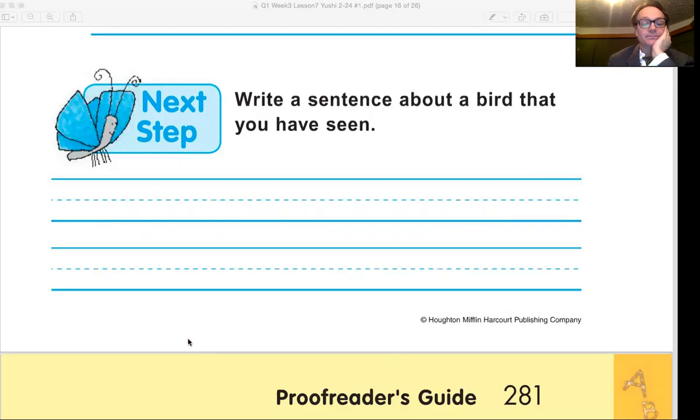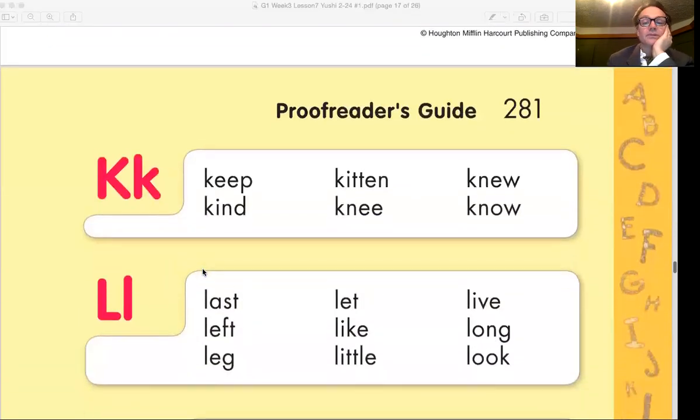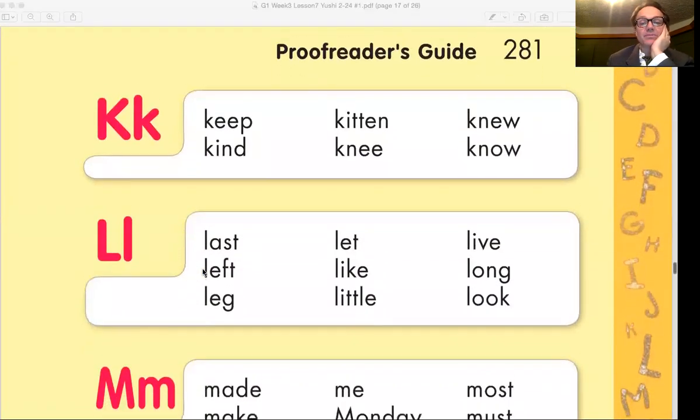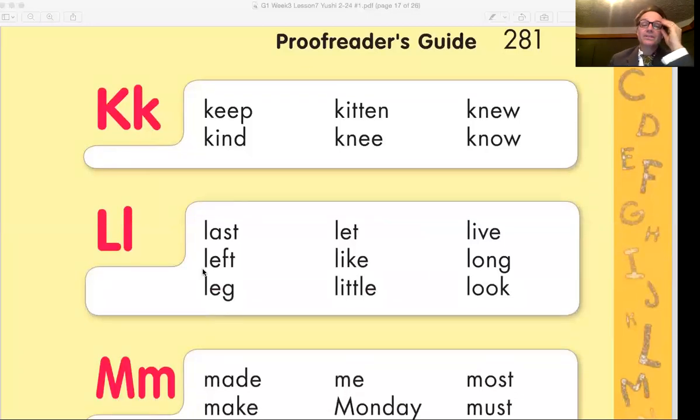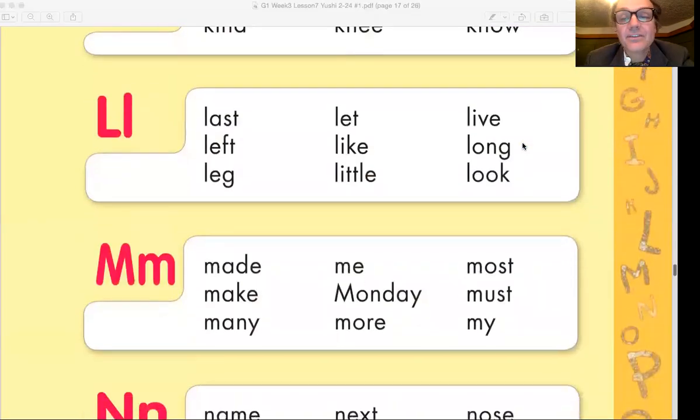Let's continue. Proofreader's guide. Oh, these are some nice words that we can learn. Keep, you say it before me, okay? Keep, kind, kitten, meow, knee, new, no. Interesting words.